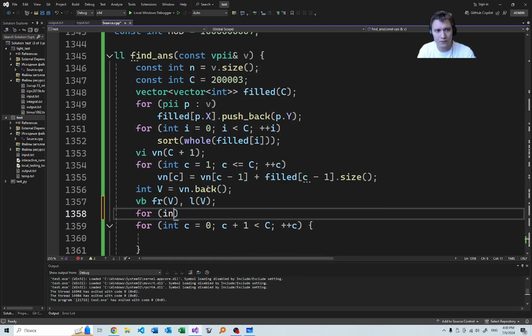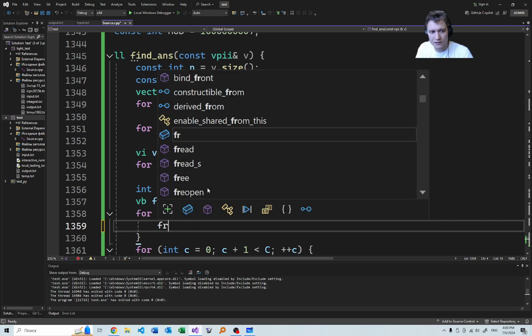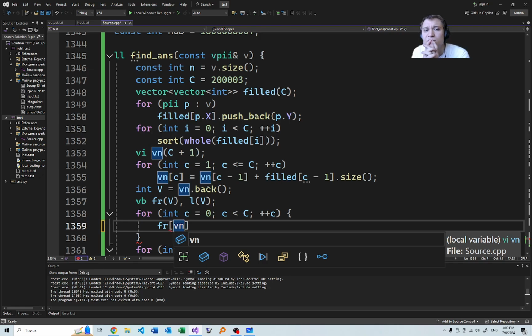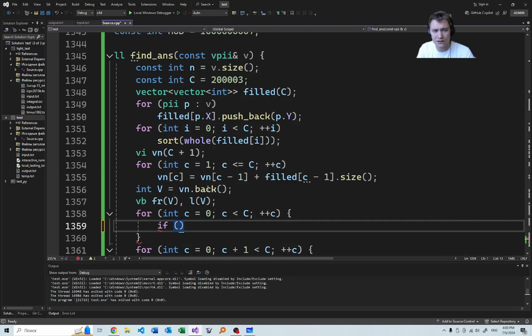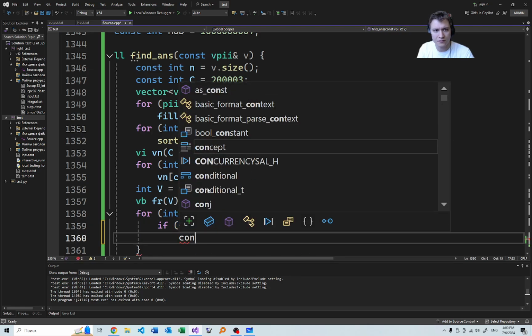Let's go again through all vertices, through all columns. So if field c is empty, continue.